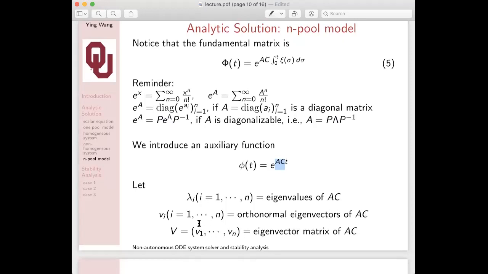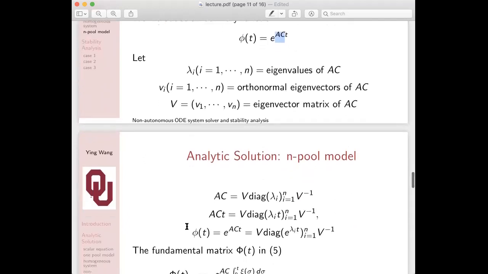Then we use those eigenvectors to form the eigenvector matrix capital V, so that the matrix Ac can be diagonalized in the following way. It's equal to V times its own eigenvalue matrix, meaning a diagonal matrix with all the eigenvalues, lambda 1, lambda 2, all the way to lambda n, sitting on the diagonal, times V inverse. V is the eigenvector matrix.